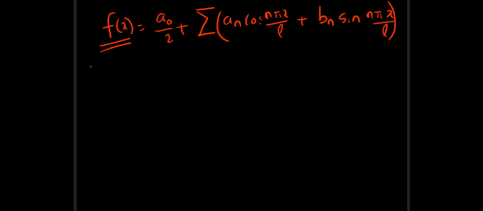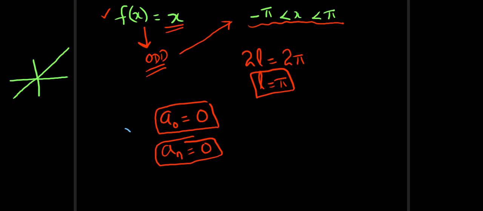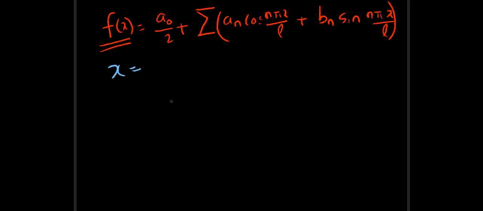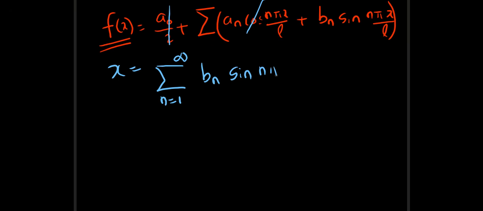So I'm going to write x is equal to... what is a0? I told you a0 is 0, an is 0. So this will vanish, this will vanish. You're going to get your Fourier series completely in terms of sine: sigma bn sine n pi x by L. Call it equation number 1.